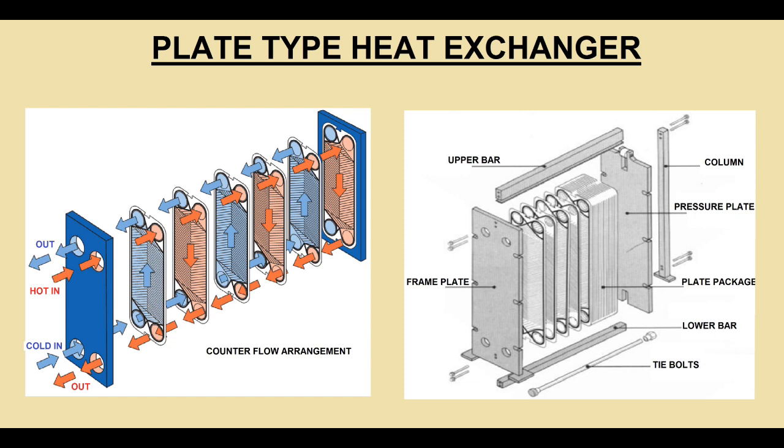Plate heat exchanger. A plate heat exchanger uses a series of thin plates to transfer heat between two fluids. This consists of a pack of thin rectangular plates with portholes, through which two fluid streams flow, where heat transfer takes place. Other components are a frame plate, a pressure plate, upper and lower bars and screws for compressing the pack of plates.